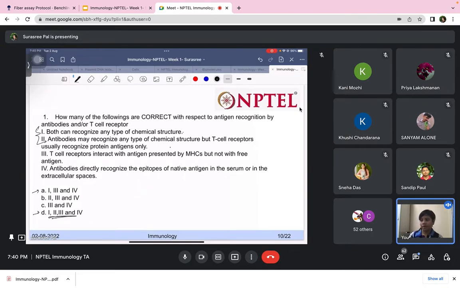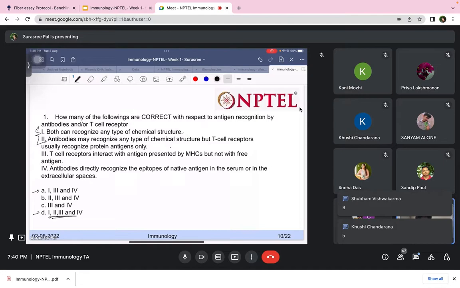So option 4, the native antigen. Yes, some are answering. I request all of you, if you have any guess at this answer, please write it in the chat box. Alright, so antibodies can recognize the native antigen.